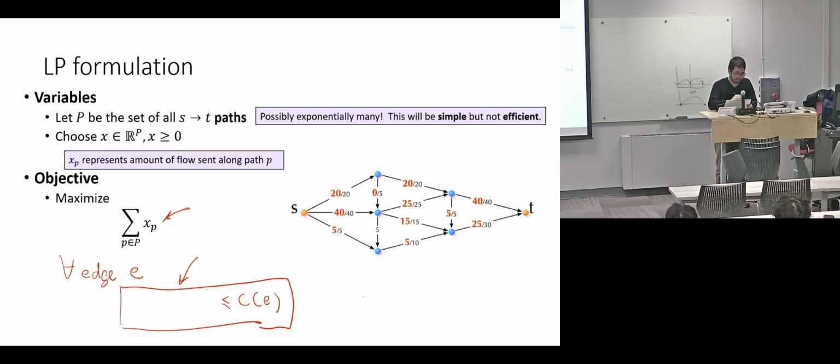Like the sum of either outflows from vertices that go to that edge, or inflows. But I want to use only the xp variables. The value of xp should be less than or equal to the capacity of every edge along its path.